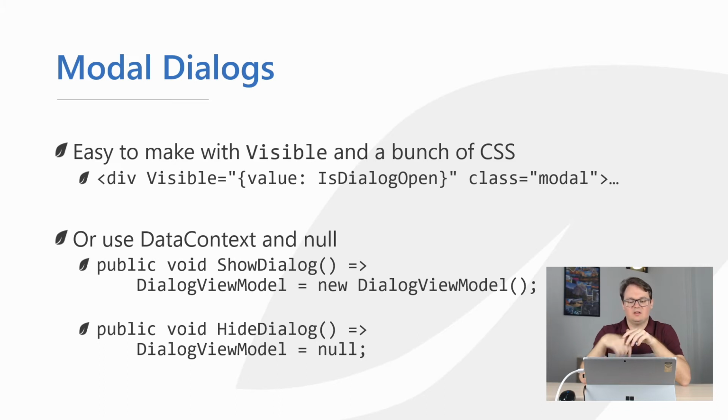You would have some dialog view model property in your view model, and you would set it to some object which will display the dialog. And then if you want to close it, you just set it to null. Because the data context of the modal dialog will be null, it will be hidden. So this is a clever use of data context. You can find this quite useful.